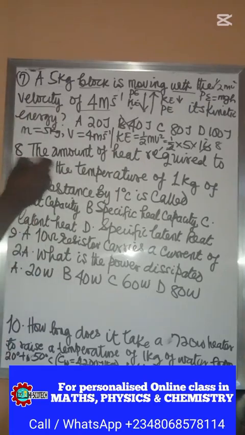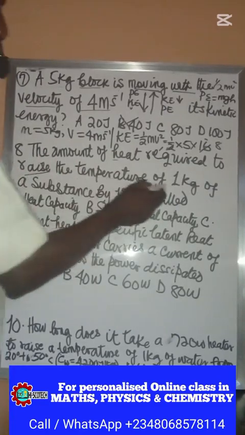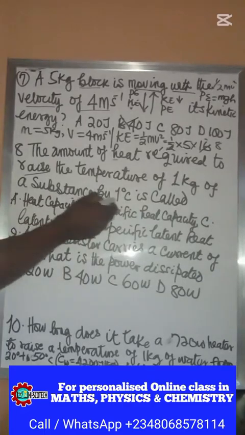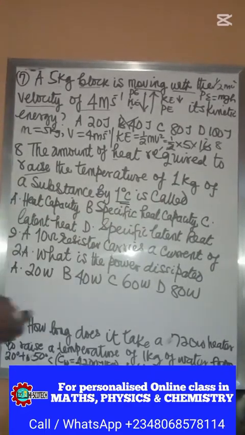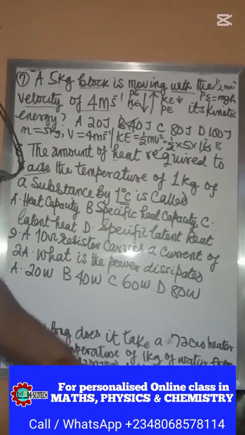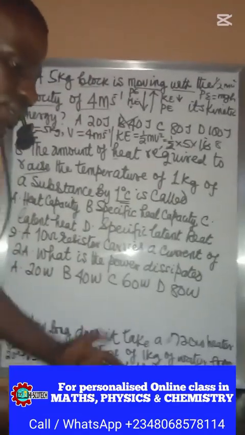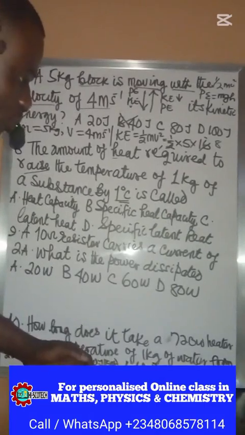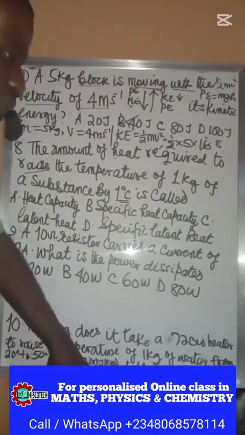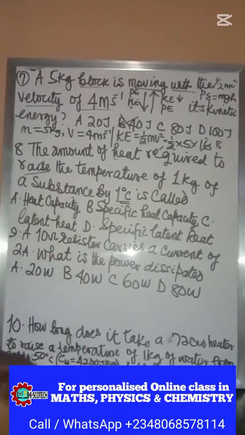The next question says, the amount of heat required to raise the temperature of 1 kg of a substance by 1 degree Celsius is called dash. Now, we have observed this when we have a liquid and a solid, let's say pepper soup, for example. You have a plate of pepper soup with some solids, which can be meat and maybe some yams, while the liquid is the soup itself.